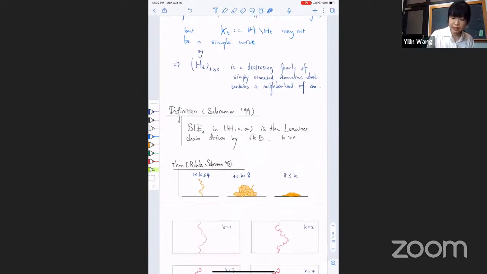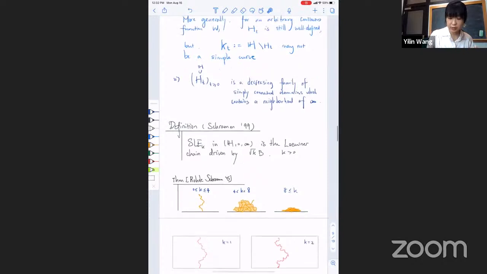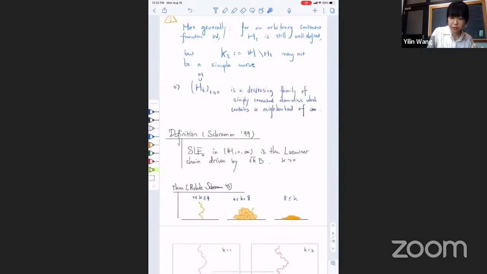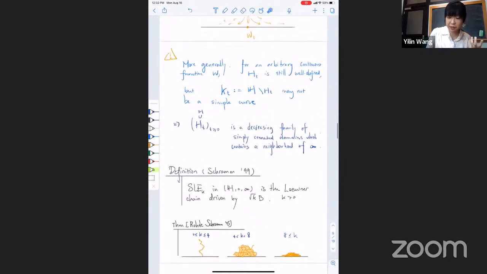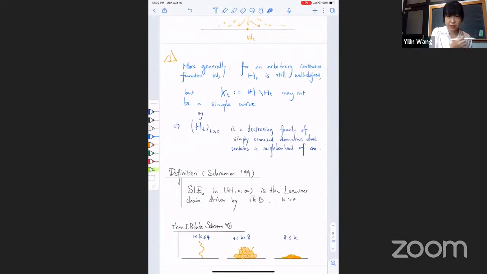Schramm then says, okay, let's use this, and just look at the Loewner chain. This is called the Loewner chain: the family of H_t, or the family of K_t, or the family of gamma_t. You can determine one from the other. And SLE is the Loewner chain driven by square root kappa times Brownian motion.